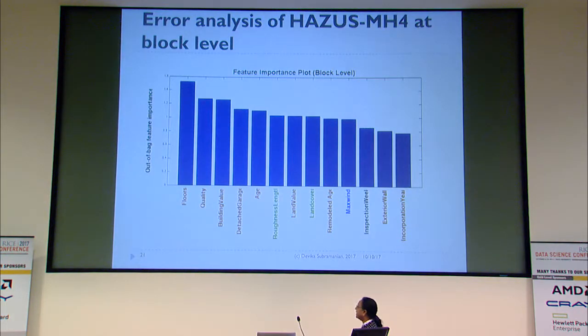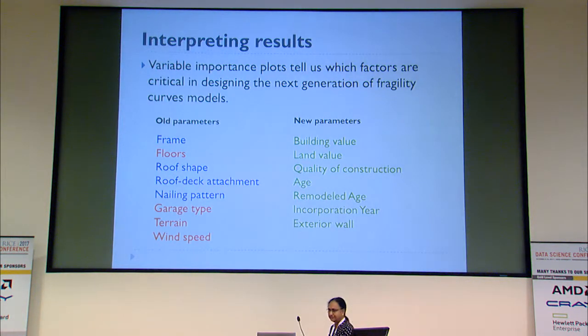When you look at the block level performance, that is the 1 kilometer square level, notice that quality, building value, the same aspects come back again. Let me give you a quick view of what we learned.